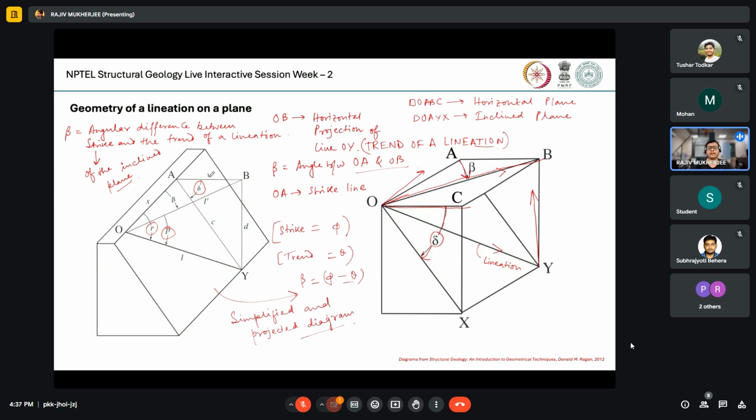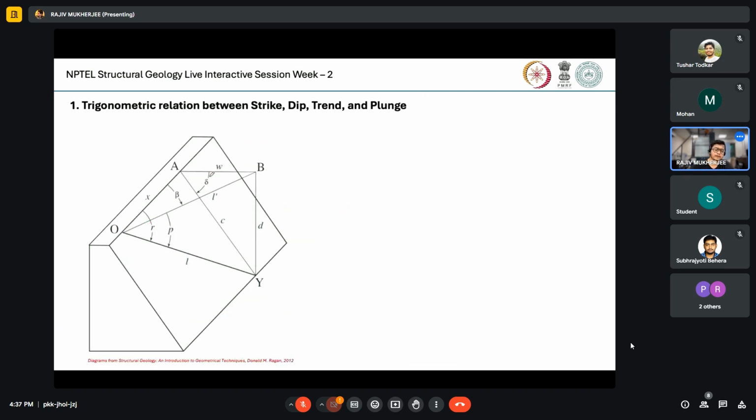Okay. So let's look at them. So the first relation is a trigonometric relation between strike, dip, trend, and plunge.